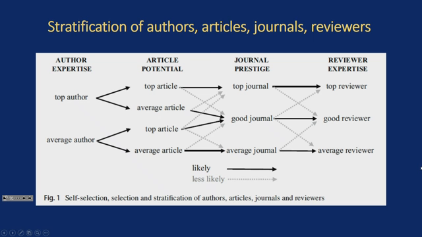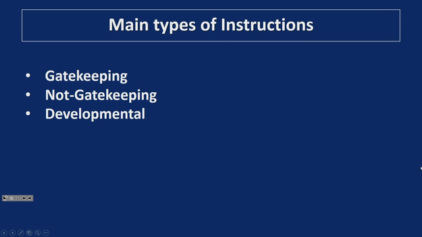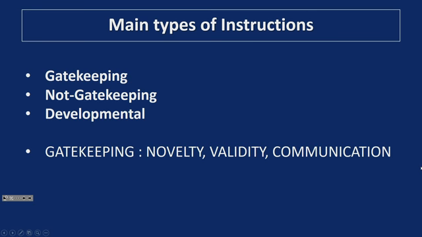So we have different types of instructions, as we saw before, regarding the gatekeeping, but also the non-gatekeeping, meaning what the reviewer should not consider as a criterion to select an article, developmental instructions, and also whether, especially the gatekeeping instructions, they regard the novelty, the validity, or the communication quality of the articles.